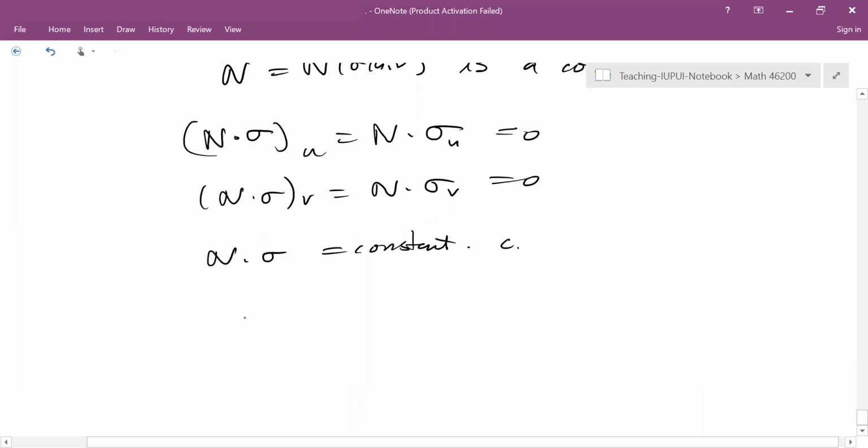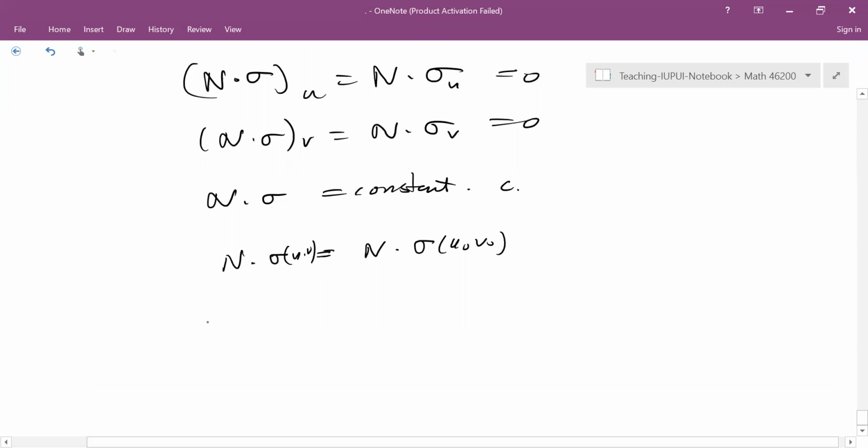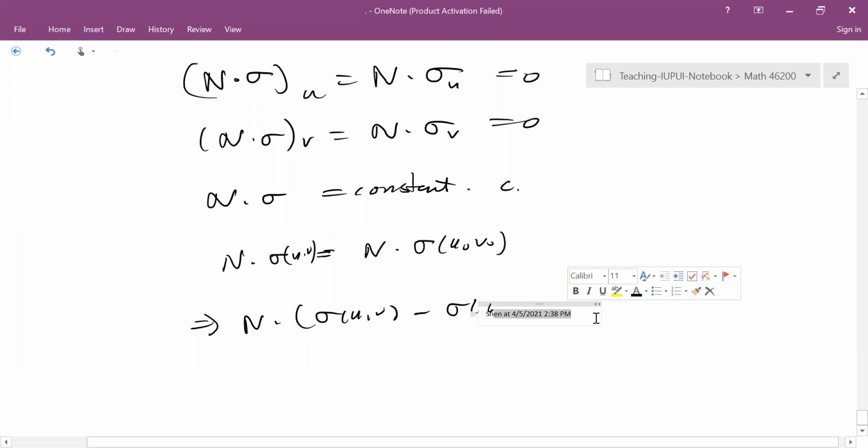So in particular, N dot σ equals C, it's always like that. And this is a fixed point. So that implies N dot (σ_uv minus σ) is zero.